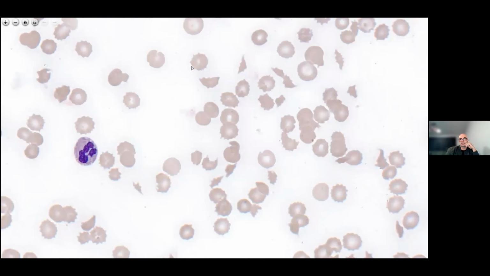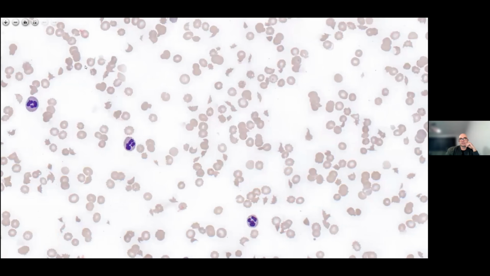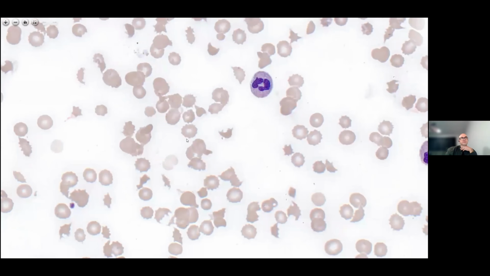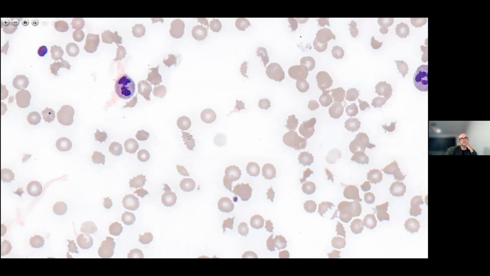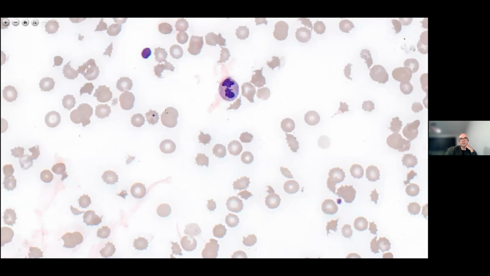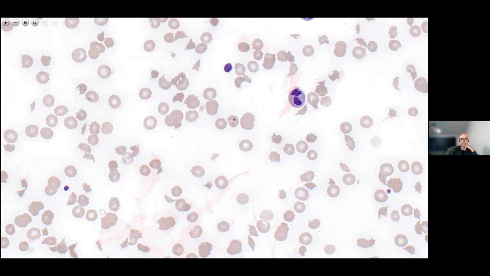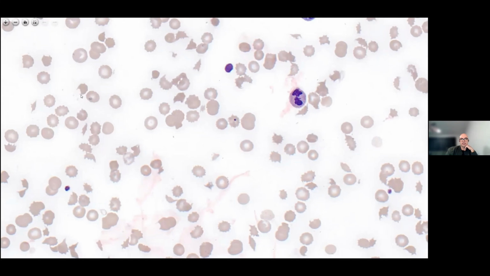And we'll also see there's lots of these crenated cells, or echinocytes, as they should be called. So the most prominent features for the red cells that we can see are definitely these cells that have pointed ends and lack central pallor, hyperchromatic, and these are called fragmented red cells, or preferably schistocytes.